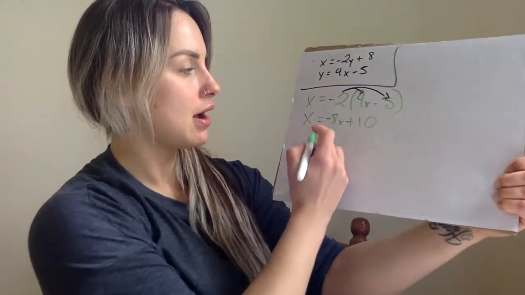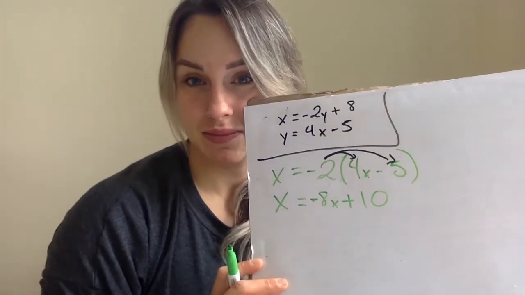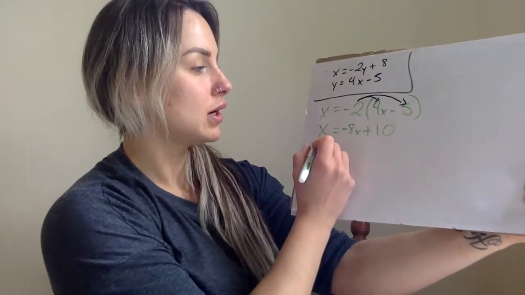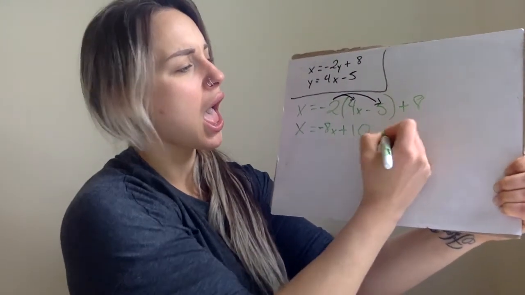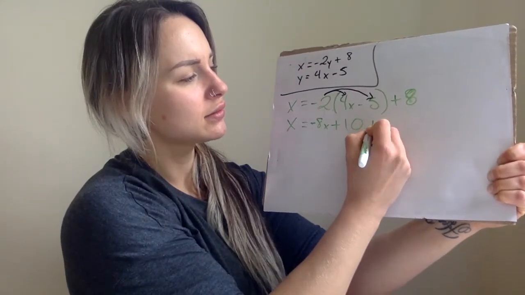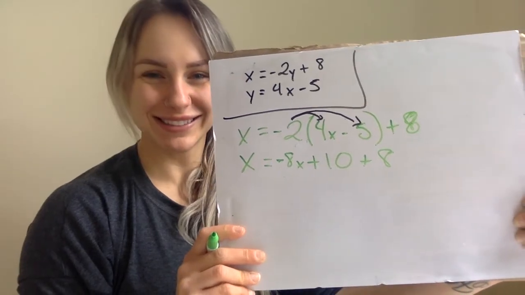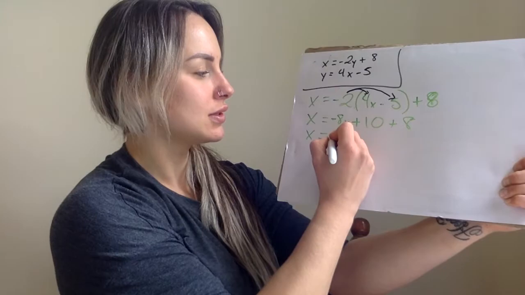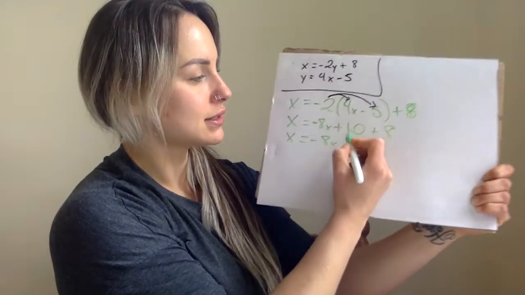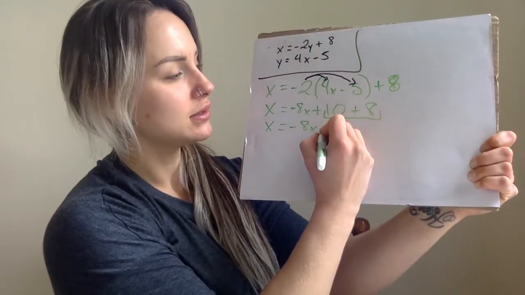So we now have our x on 2 different sides. So what we're going to need to do is, oh, I forgot the +8. I forgot the +8 on both sides. Okay? So x equals -8x, and we're going to do this one here. So 10 plus 8 is 18.